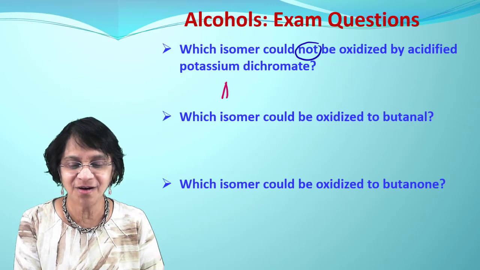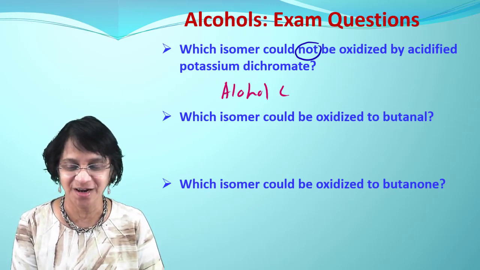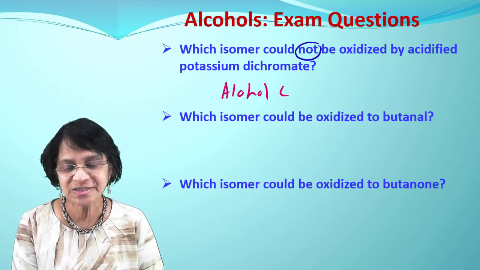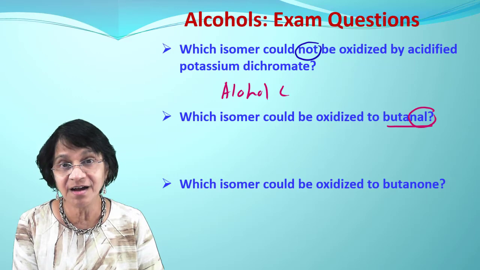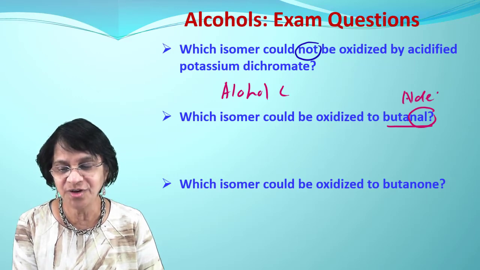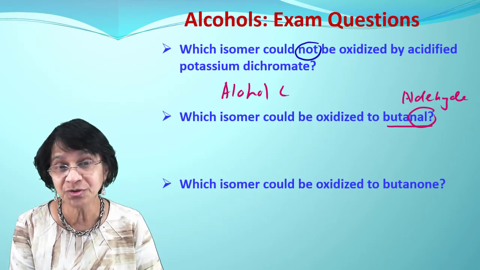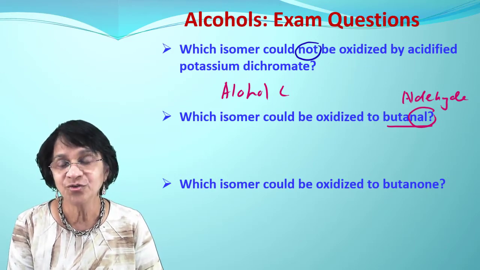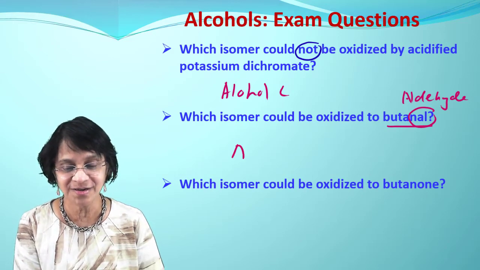It was alcohol C, because that was a tertiary alcohol. Next question: which isomer could be oxidized to butanal? That is the aldehyde. We have two alcohols which could go to the aldehyde unless we stop the further oxidation, and those were alcohols A and D.